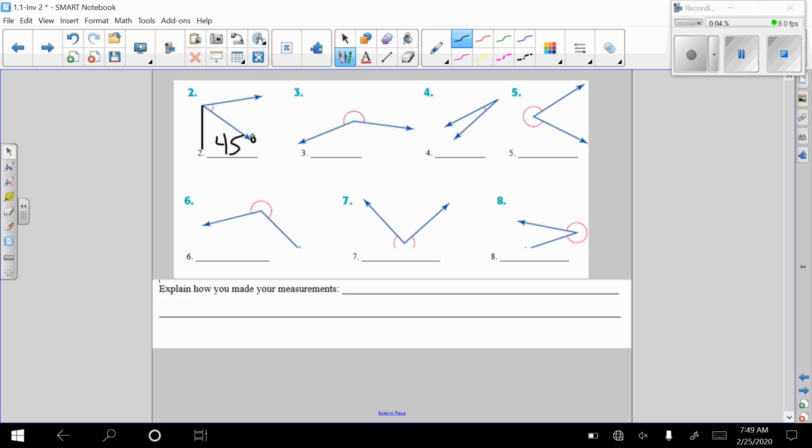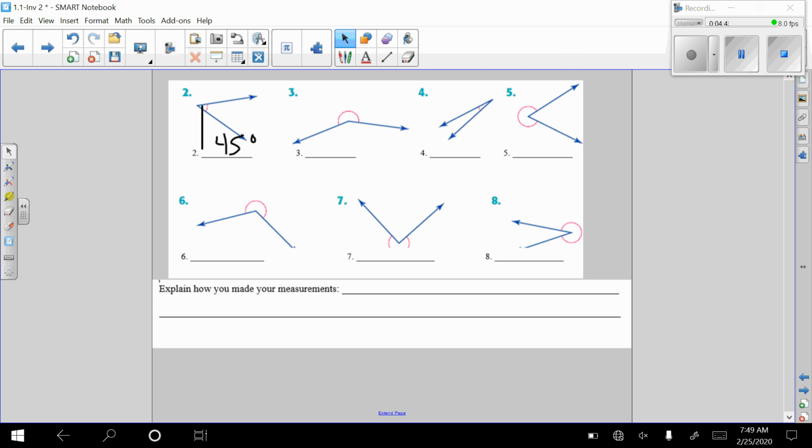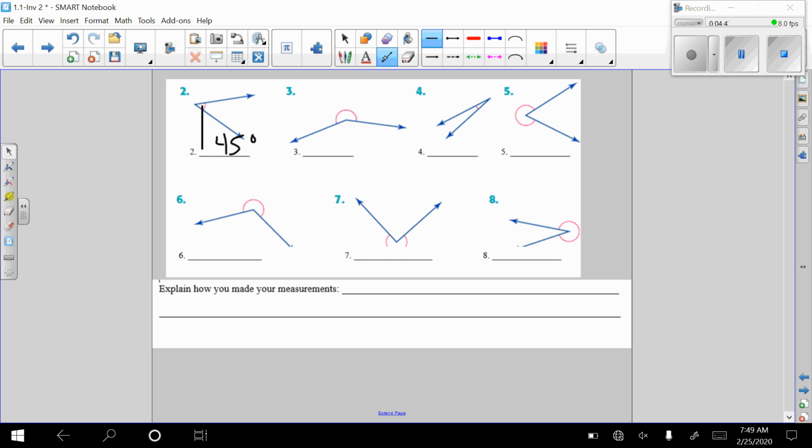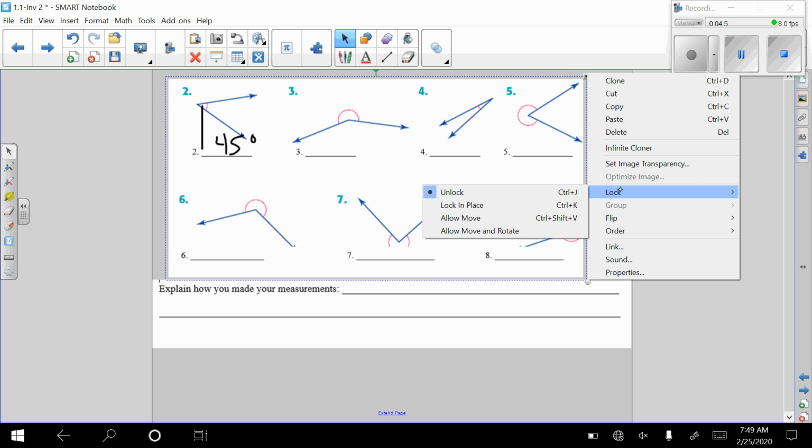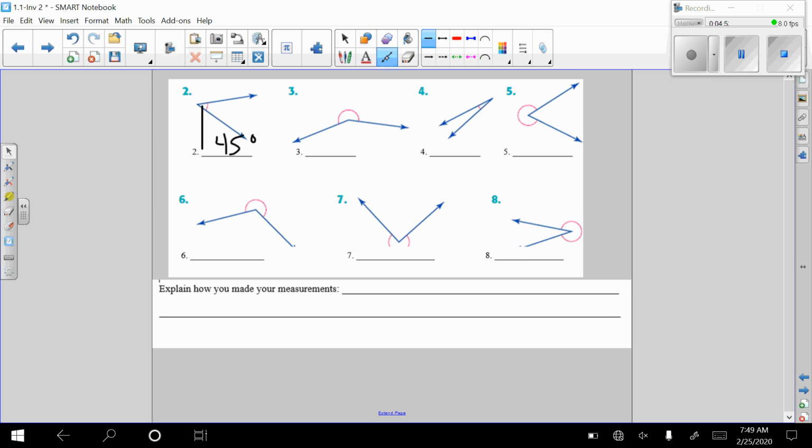Again, using lines to help. When we look at this one, we know it's a reflective angle, so we already know it has to be more than 180 degrees. If we draw in our line to make this 180 degrees here, so I can get a line in here nicely, we can help make that 180 degrees look good for us, and then decide how much more I have from that.